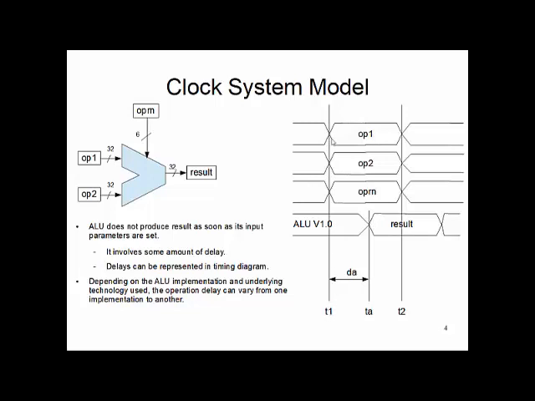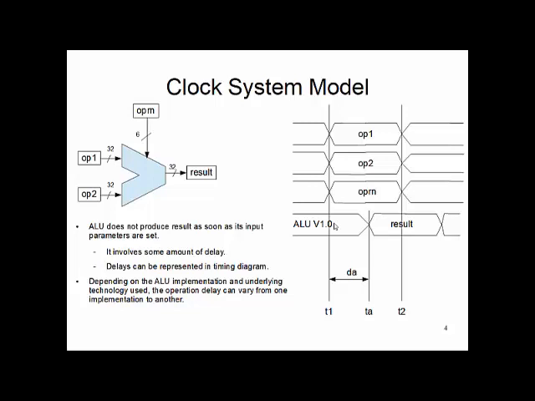So this diagram is really telling you that at time point T1, operand 1, operand 2, and operation code have changed value from whatever previous value there was, and then the bottom bunch of signals represents the result, for let's say an ALU revision 1.0.